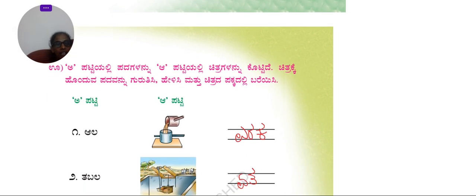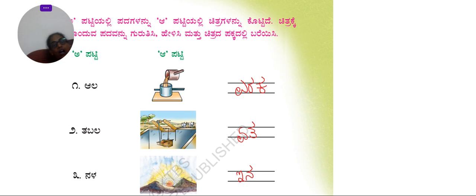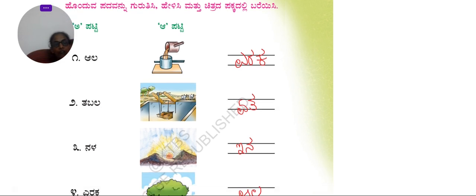Now again this is match the following. If you see, a column has all the words, a column has the pictures. You have to match the picture with the word and write the word next to the picture. So this is eraka. This picture is eta.